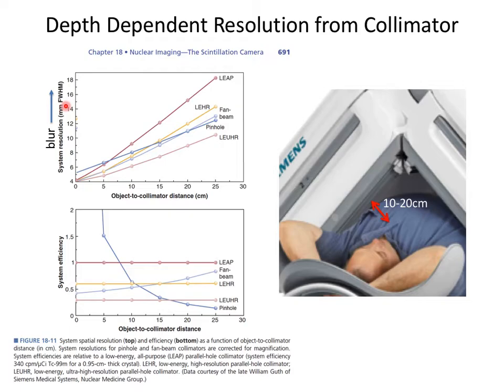It looks like a Gaussian blur, and the width of that Gaussian blur is this full width at half max in millimeters. So if I'm at 10 centimeters inside the object, I'm somewhere around a 7 millimeter Gaussian. It's blurred out that much, and if I'm really deep, it can get a lot blurrier.